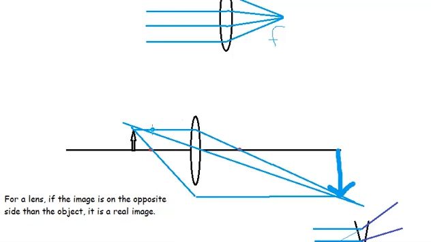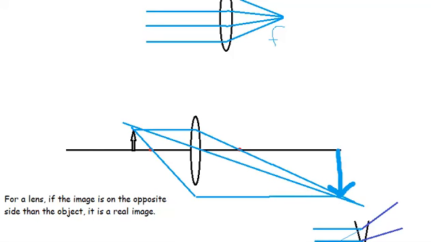Now, on a mirror, we said we were extrapolating when we had to draw the lines on the other side of the mirror. In this case, we're not extrapolating because the light rays should go through the lens. It's not a mirror, they're not reflecting back, they're just refracting, bending as they go through the lens. So in this case, we did not extrapolate any of these lines.